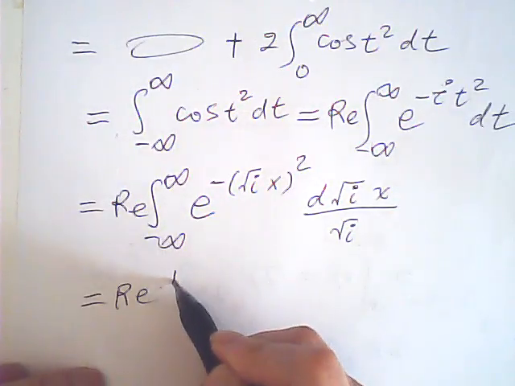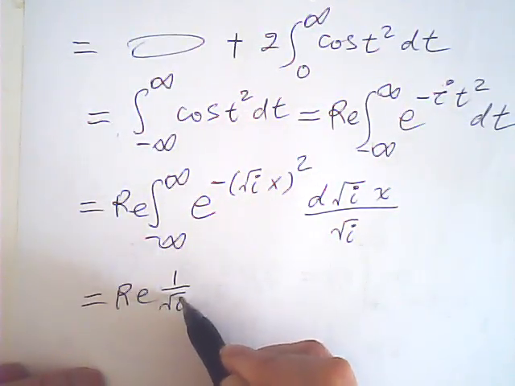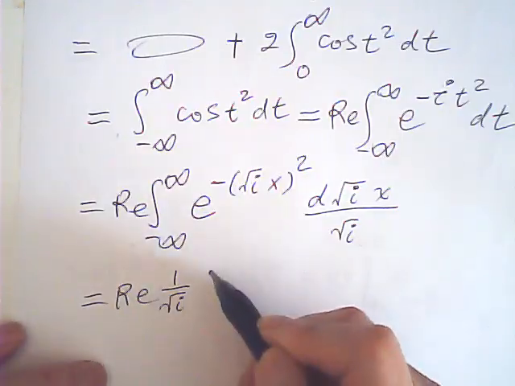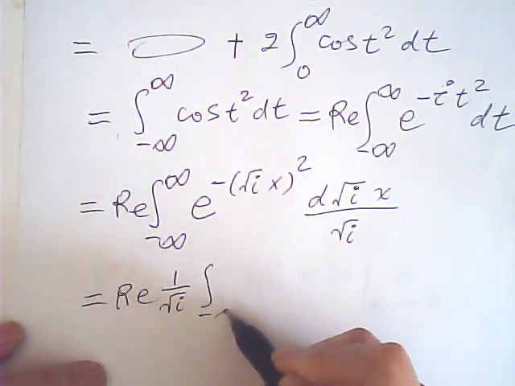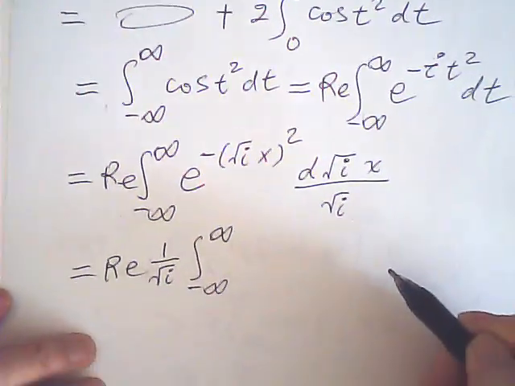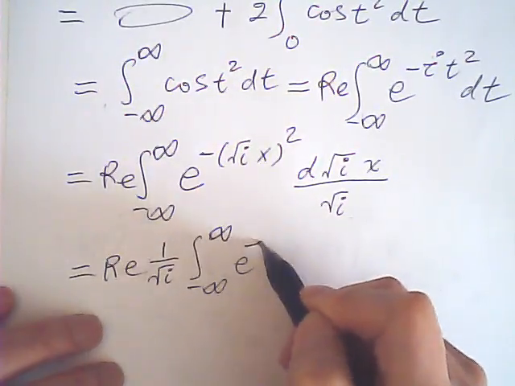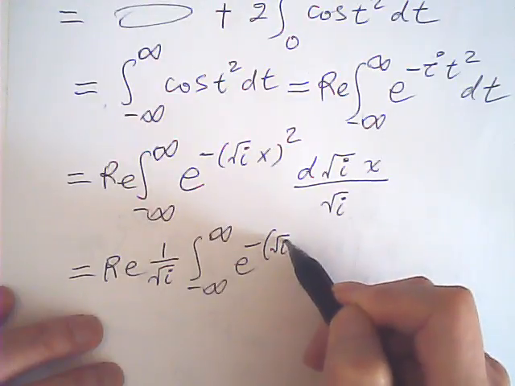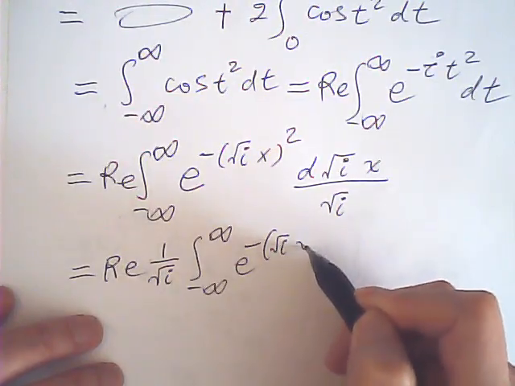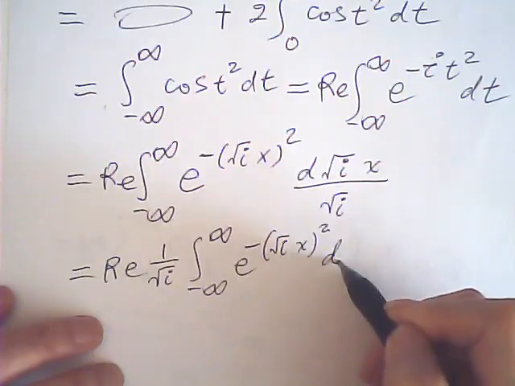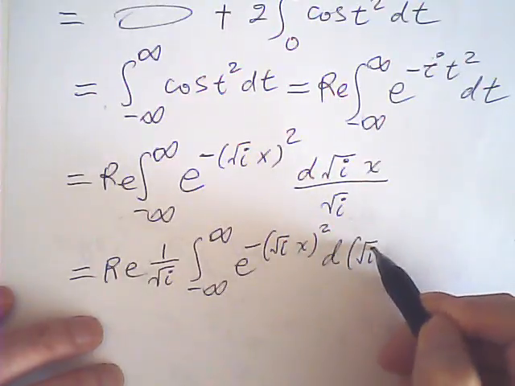Well, the whole thing becomes the real part of 1 over root i times the integral of exponential negative root i x squared d root i x.